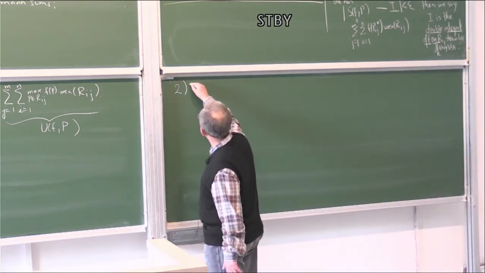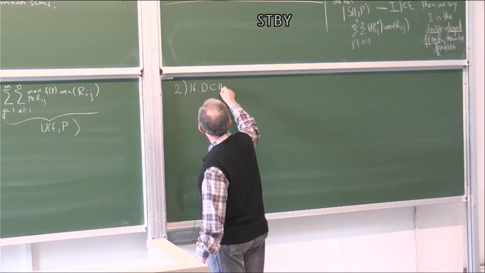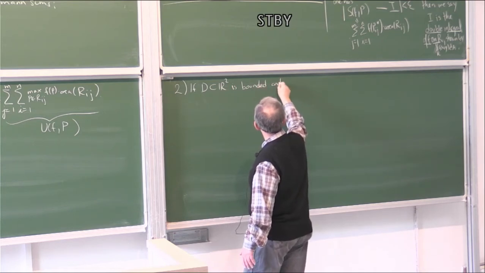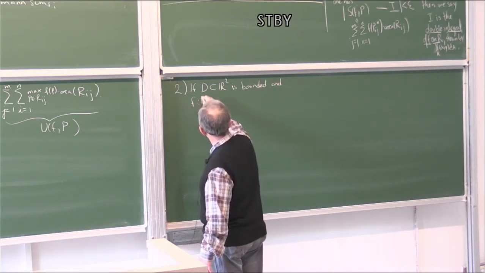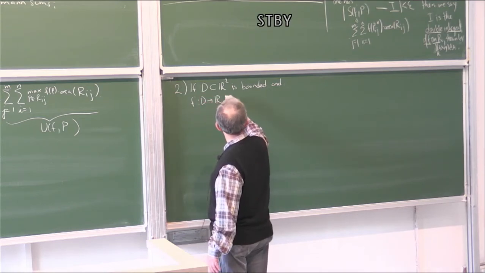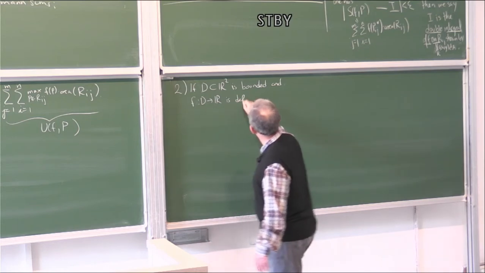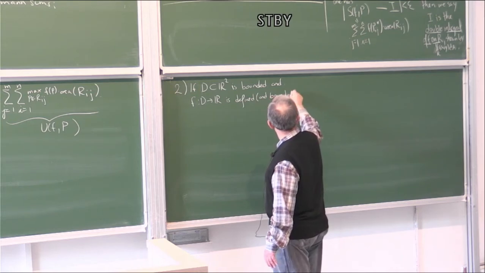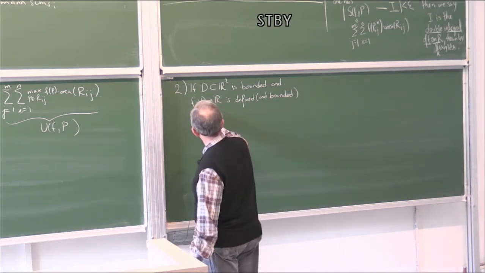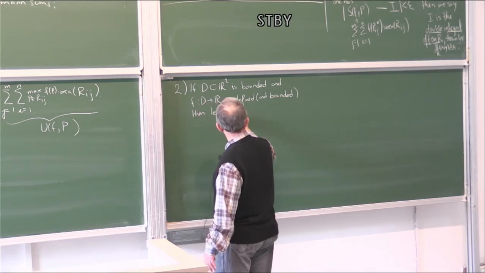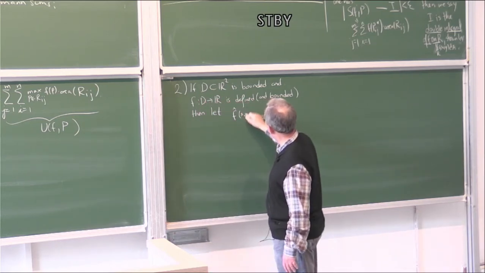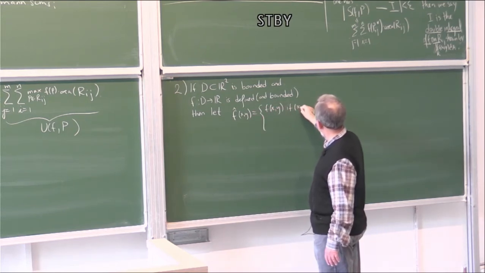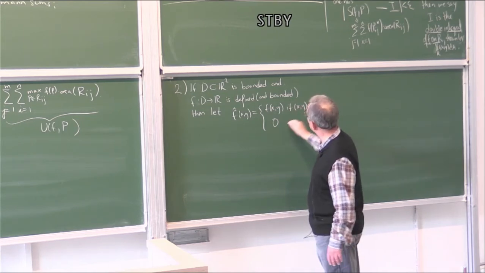So, if D in R2 is bounded and f is defined and bounded, then let f hat of xy be f of xy if the point is in D and 0 otherwise.